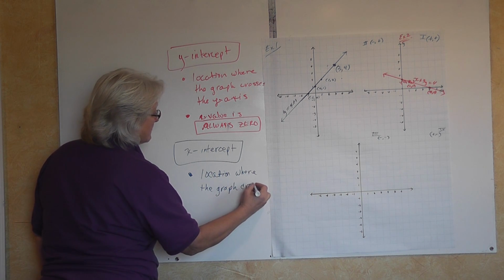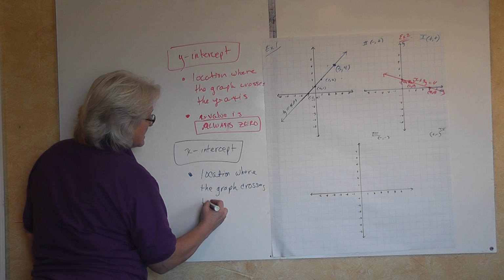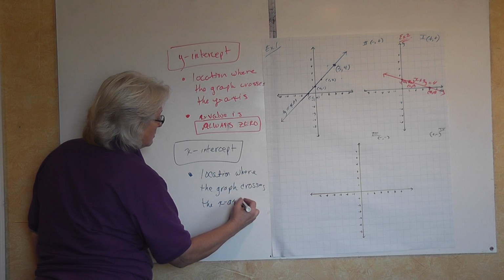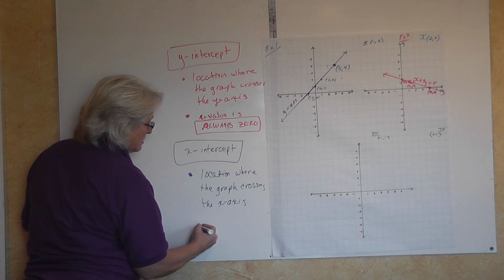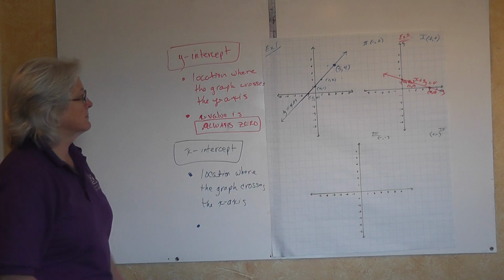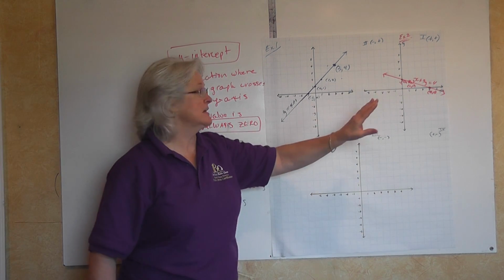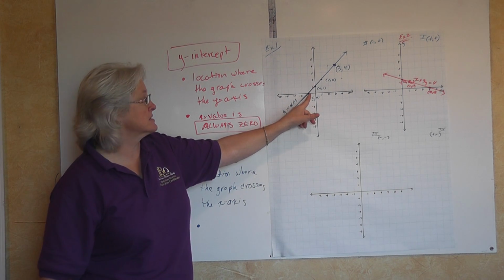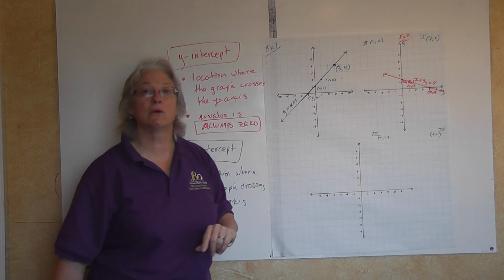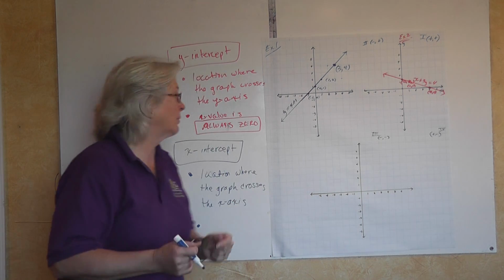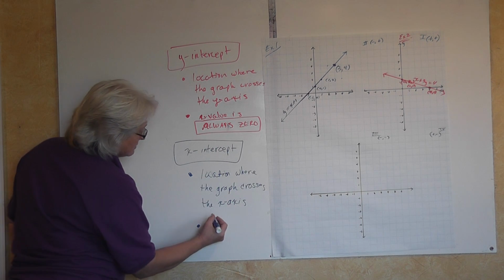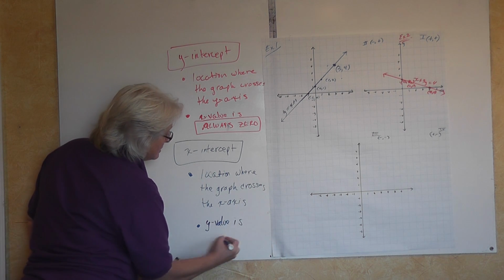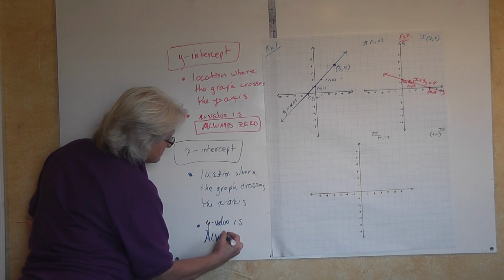And what are we going to know about the y-coordinate? If our graph is intersecting the x-axis, the y value in your ordered pair is always 0.